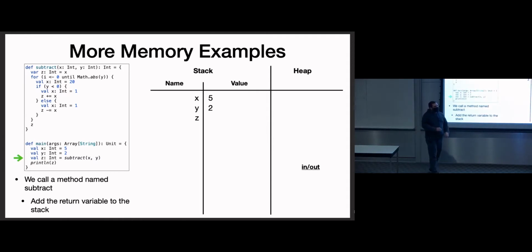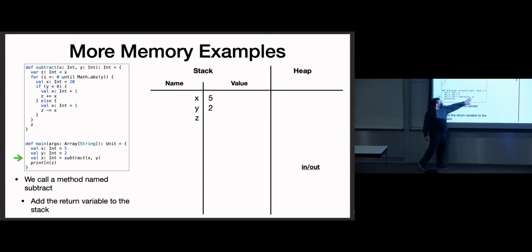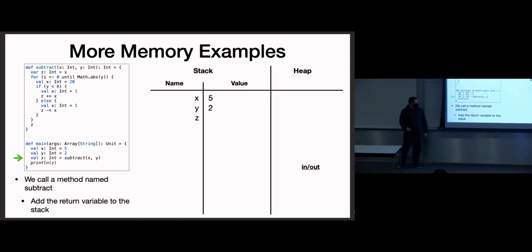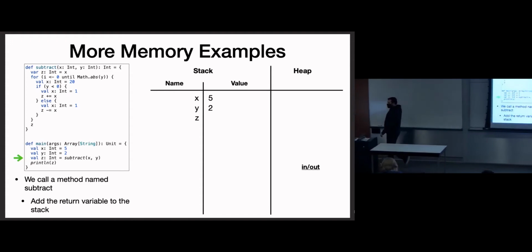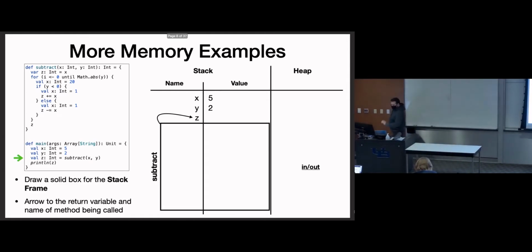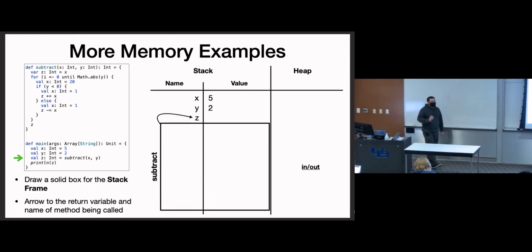We have to go through a whole method call. We have to go through a whole stack frame to find this return value to be able to get what the value of z is going to be. So we're going to write z and just kind of hold off on the value because we got a whole call to the subtract method to do, which is going to create a stack frame, which is a solid box.